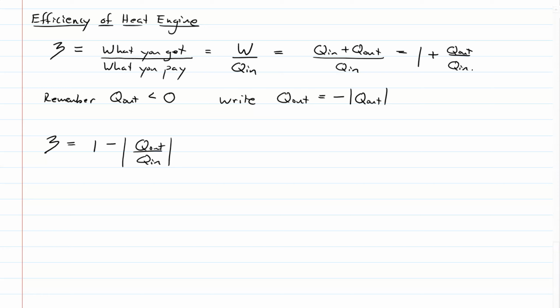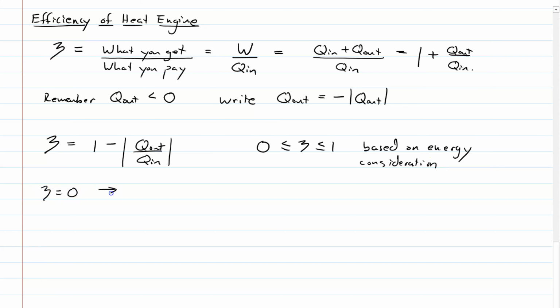What are the possible ranges of values that eta could run between? It will run between 0 and 1 based on energy considerations. So eta equals 0, with the efficiency equal to 0, means no work is done.